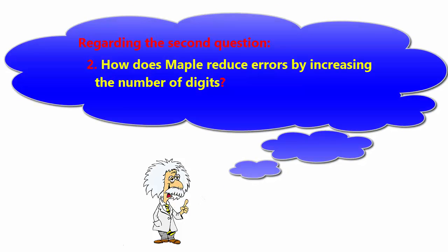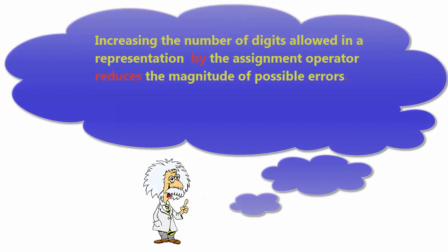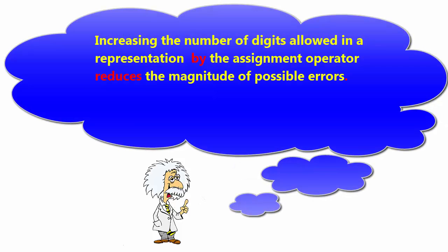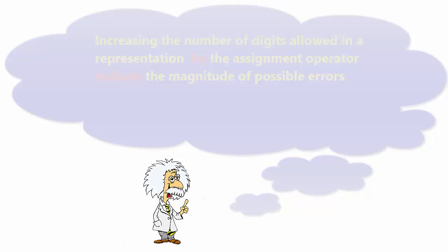Regarding the second question, how does Maple reduce errors by increasing the number of digits? Increasing the number of digits allowed in a representation by using the assignment operator reduces the magnitude of possible errors.